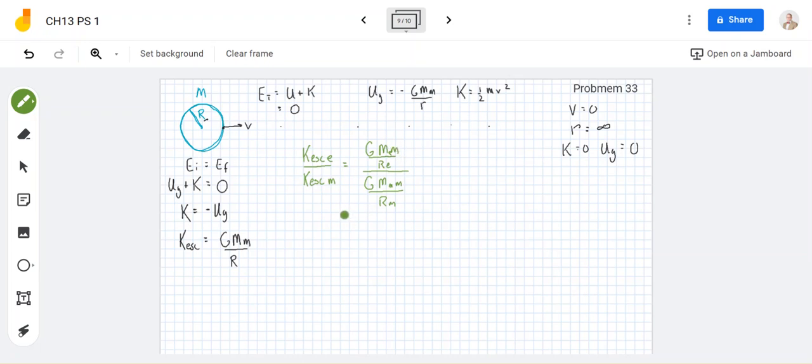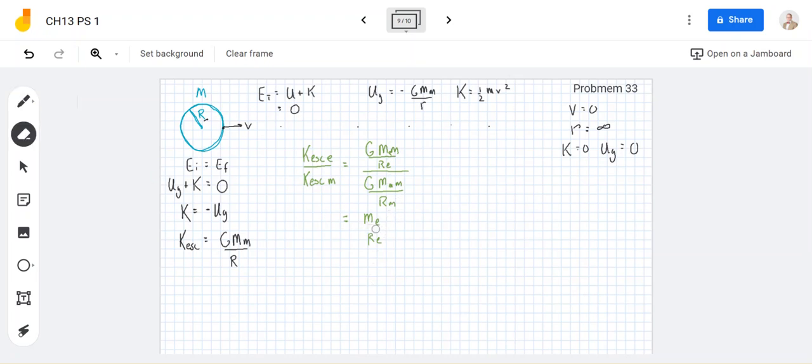And so we're left with an interesting idea here where I have the mass of the Earth divided by the radius of the Earth, divided by the mass of the Moon divided by the radius of the Moon. So we're dividing fractions again, so we're going to have to multiply by the reciprocal. I'm going to rewrite this so it makes more sense.